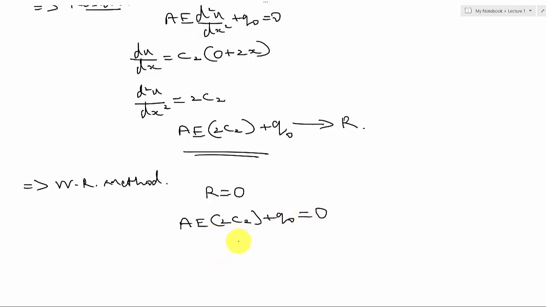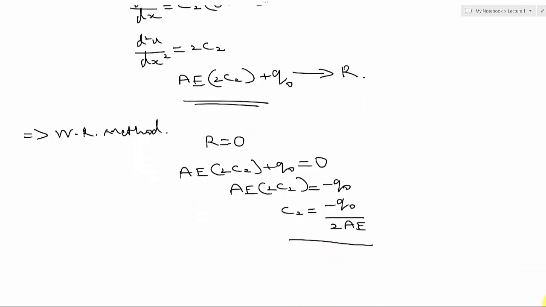So from this equation I am going to calculate the next constant, that is c2. So my AE 2c2 is equal to minus q naught, further c2 is equal to minus q naught divided by 2AE. So this is the value for c2.